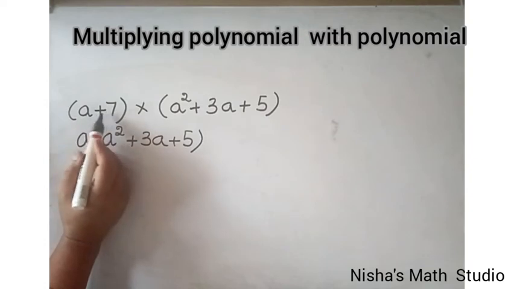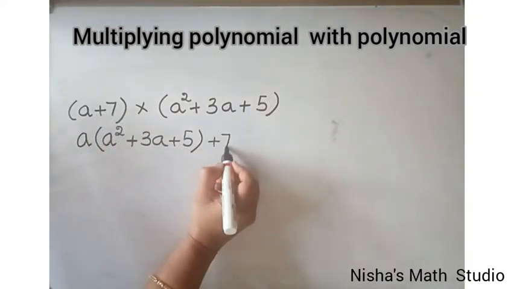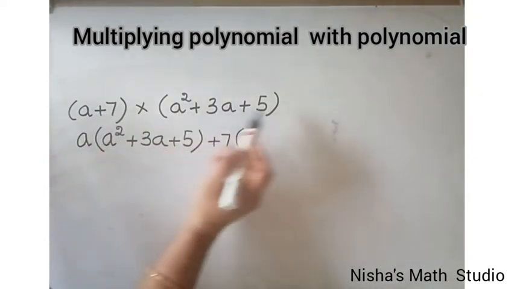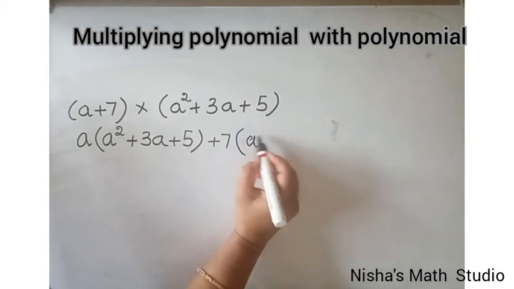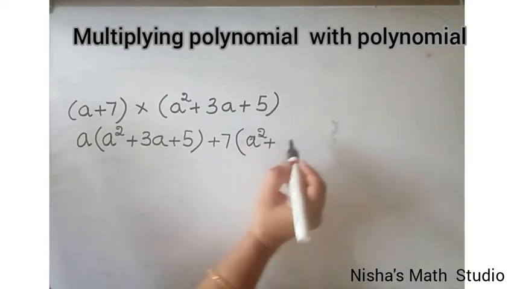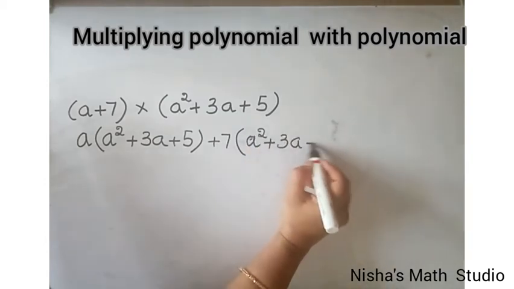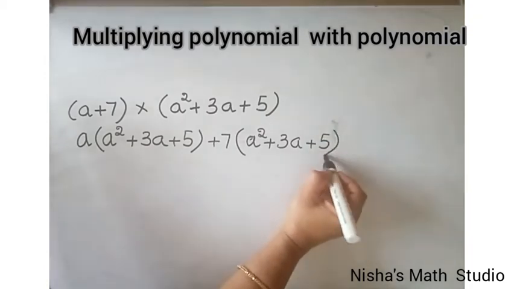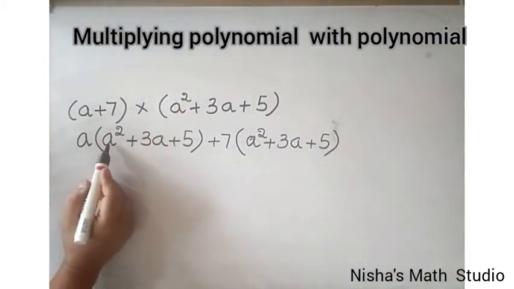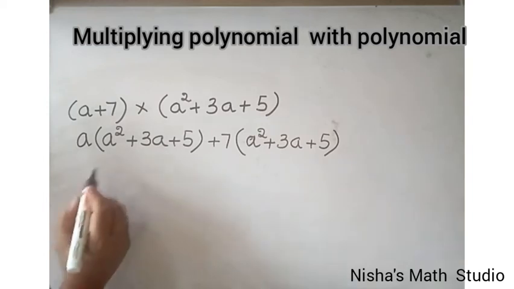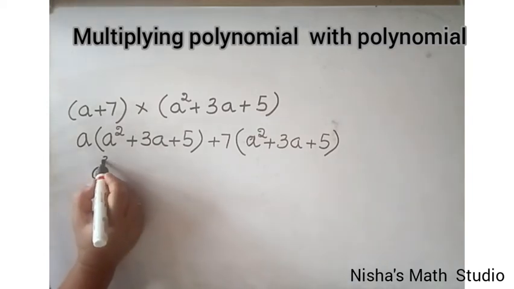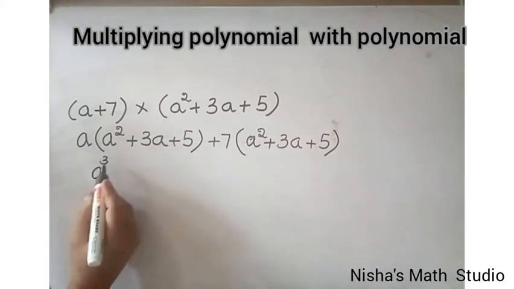What do you have here? Plus 7. This plus 7 is to be multiplied again with this expression, that is a square plus 3a plus 5. Let's simplify this. A multiplied by a square will give you a to the power 3, or a cube. It is called a cube.